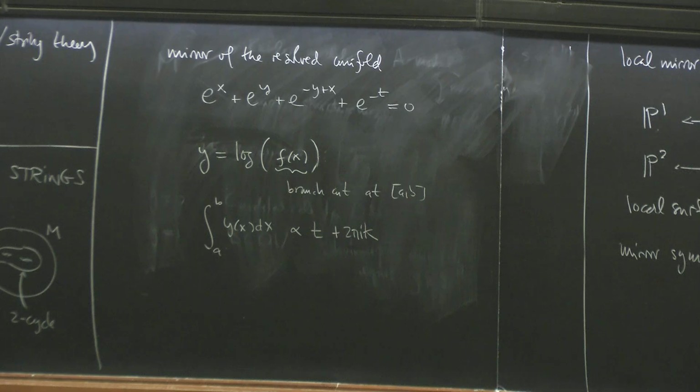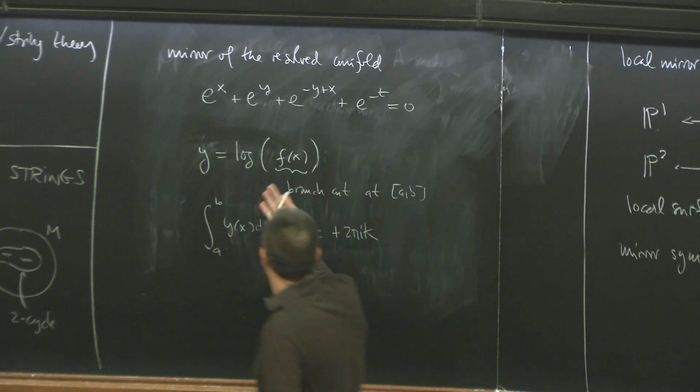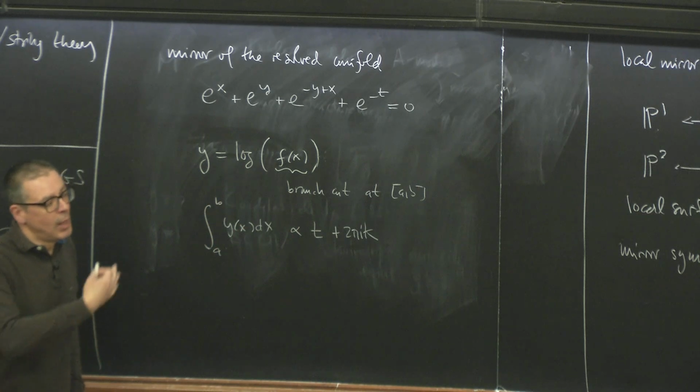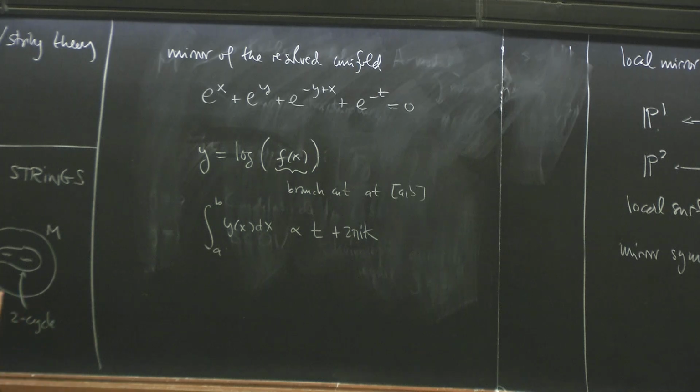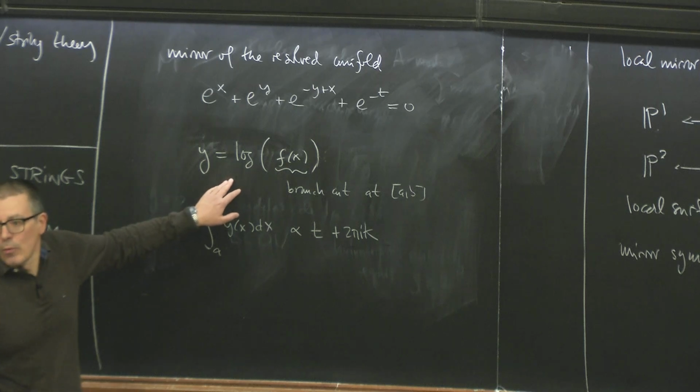With the appropriate factor of pi, you will reconstruct the possible number of D0 branes as the possible branches of the log, okay? So this is, if you want, a dual picture in which the D0, D2 branes appear as periods of the mirror curve, okay?